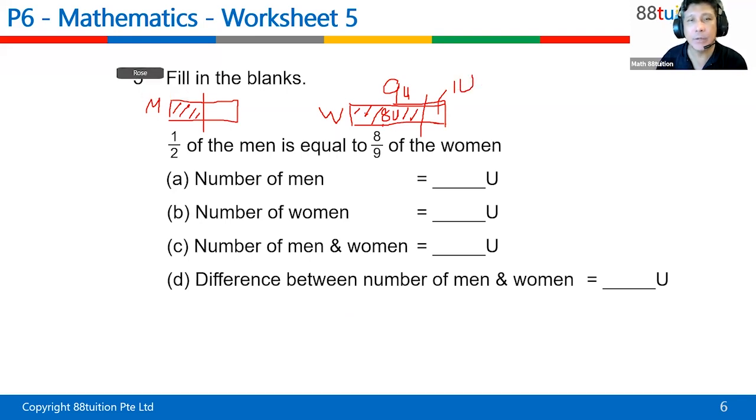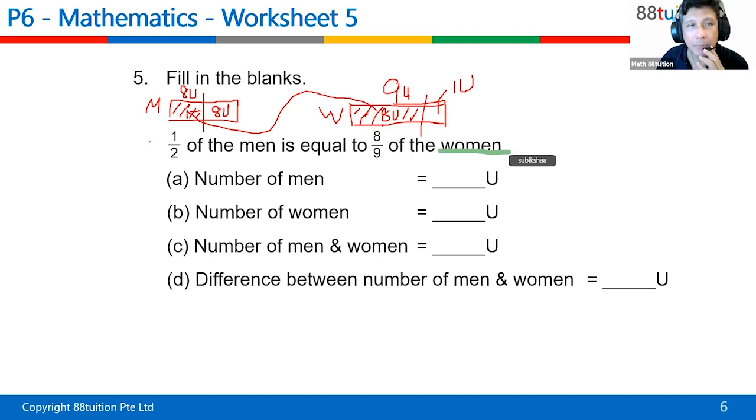But since the women is 8 units, which must match with the man over here, we will have to call the man 8 units here as well. Which means the other half must be 8 units as well. Now, this actually shows you that what we needed to do is make the numerators the same.